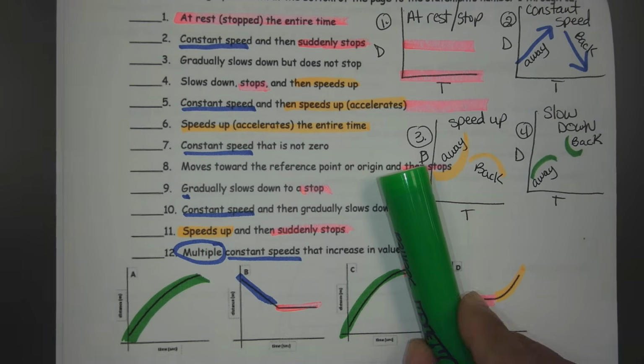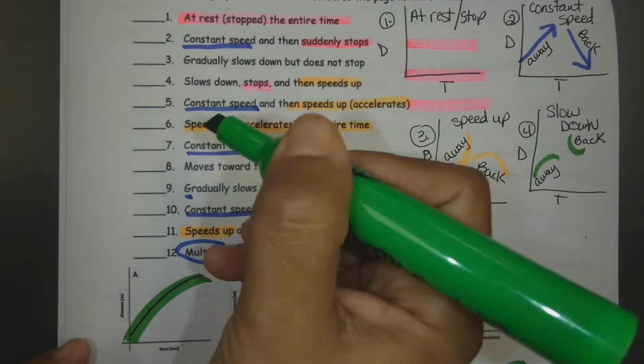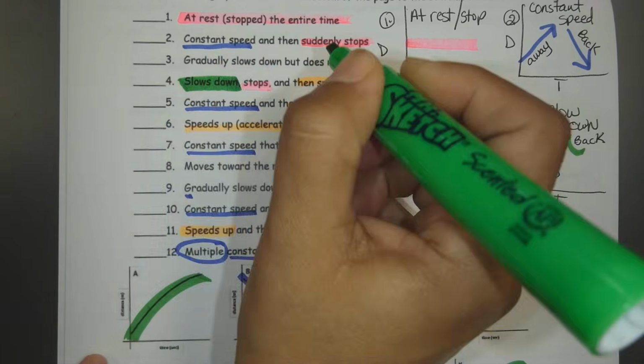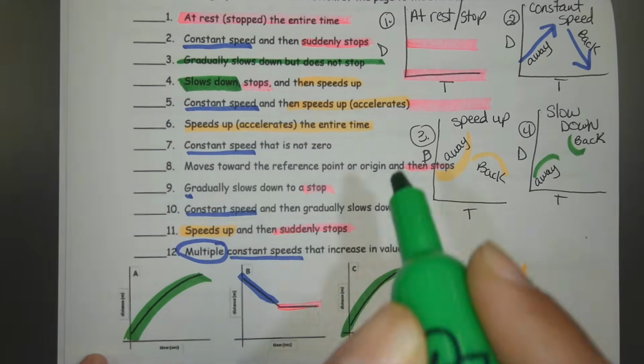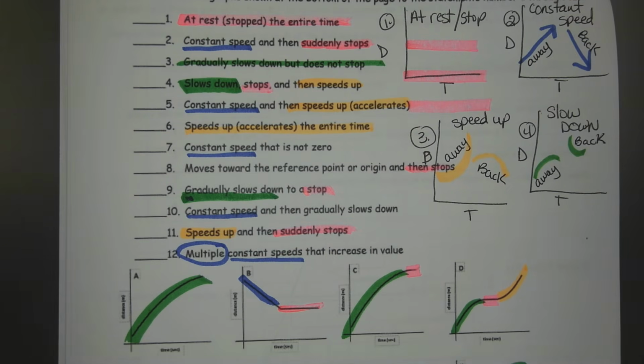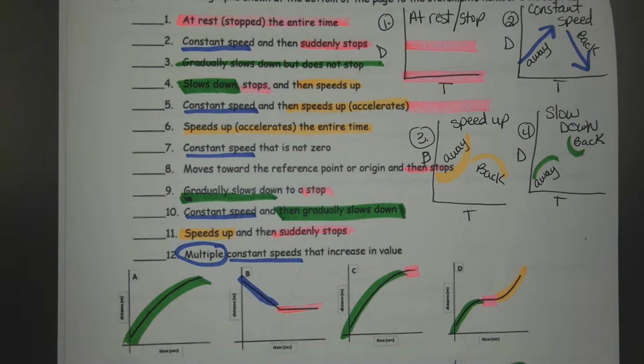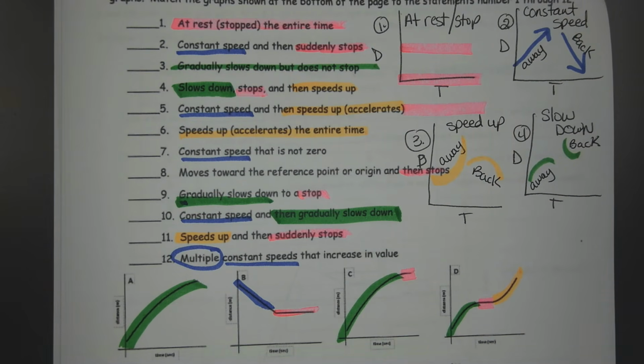And then we're going to end it with green. So you do yours, and I'm going to finish mine. Slows down. Gradually slows down. Let's see. It slows down, then comes to a stop. Then gradually slows down. Okay? So get them colored in.